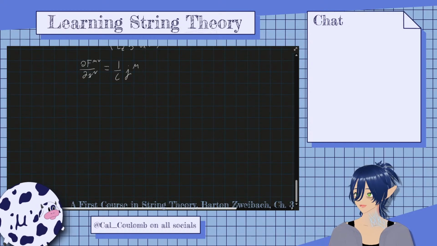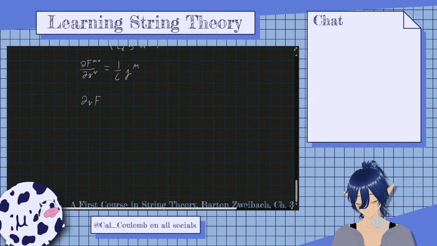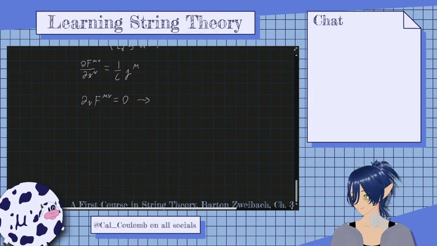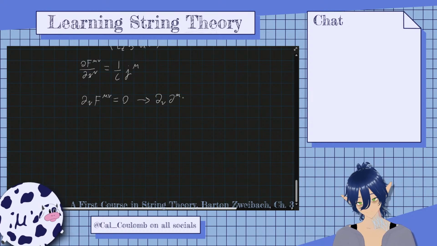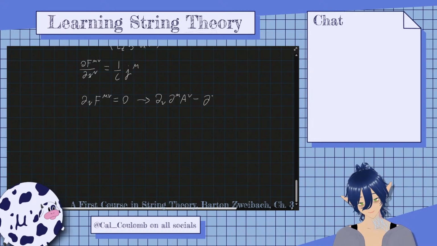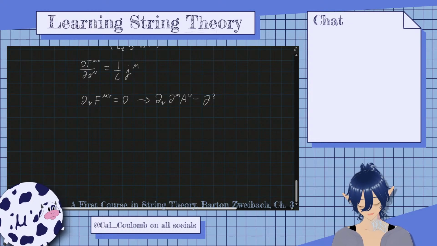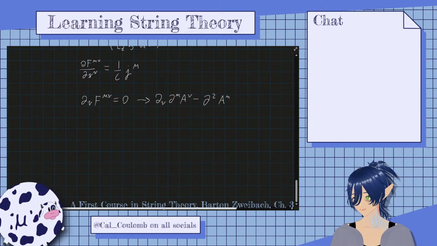In the absence of sources, this equation becomes ∂_ν F^μν is equal to 0, which then, when we input the definition of the field strength tensor, gives us ∂_ν ∂^μ A^ν minus ∂² acting on A^μ. So this is where we have the two derivative indices contracted with each other. And then this equals 0.